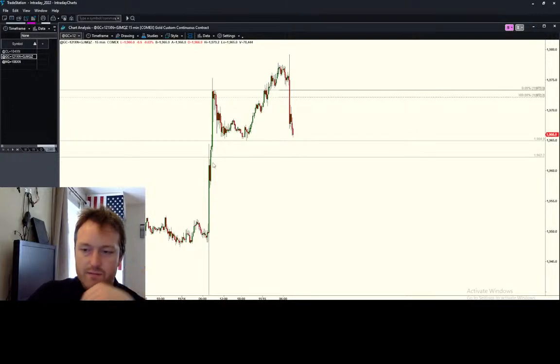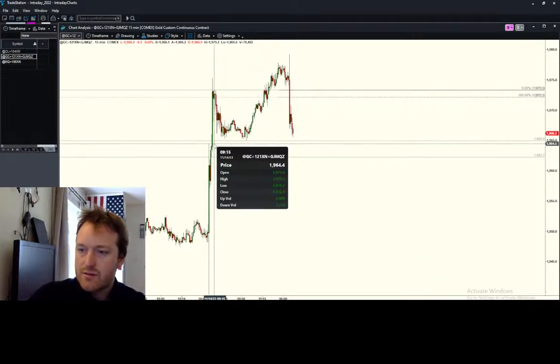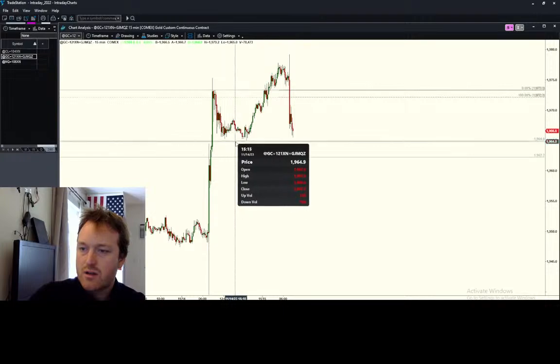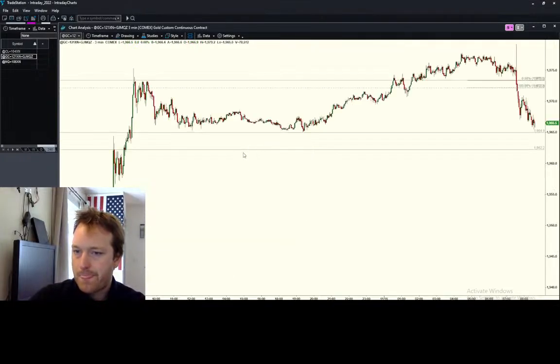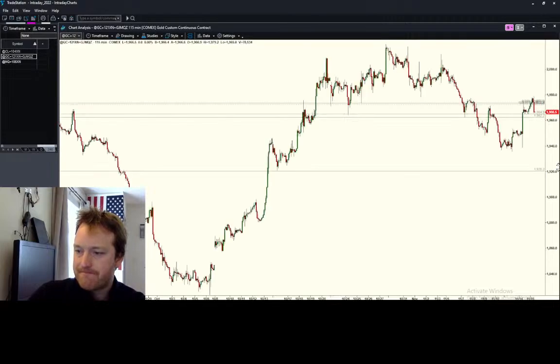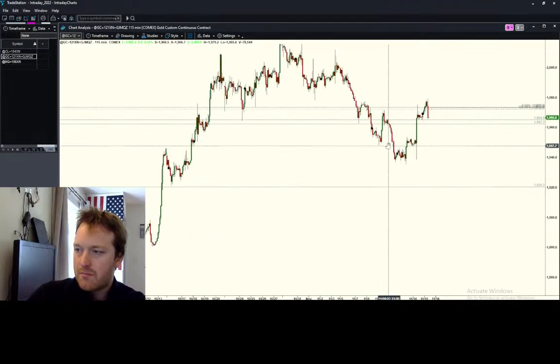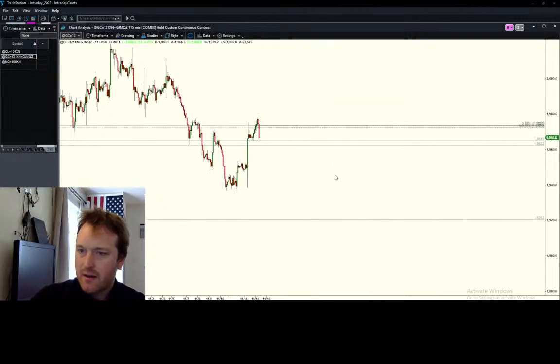Hasn't really bounced dramatically from there though. Underneath there is a zone that I was looking at yesterday, but it's already been touched. I don't know if I'm going to trade that. It just doesn't look proper. It doesn't mesh on all the time frames, so I don't really like that at all, actually.